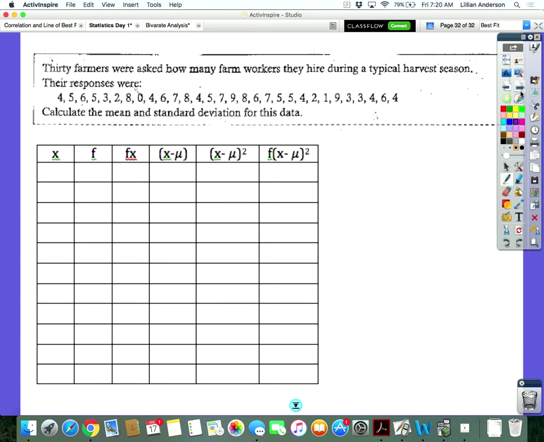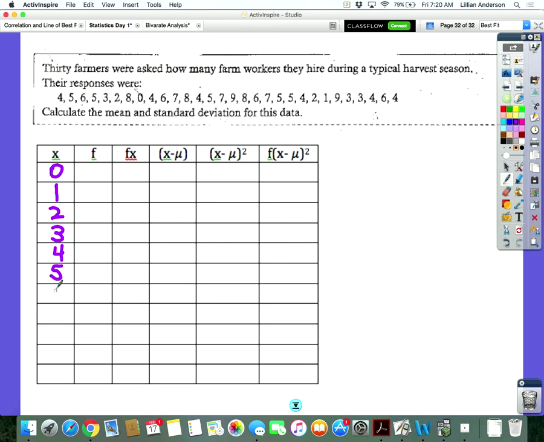So it's pretty straightforward. We just have to get all this data in, okay? To kill two birds with one stone, I'm going to make a frequency table, because I don't want to have to type in all of this data. I know I have numbers from 0 to 9.